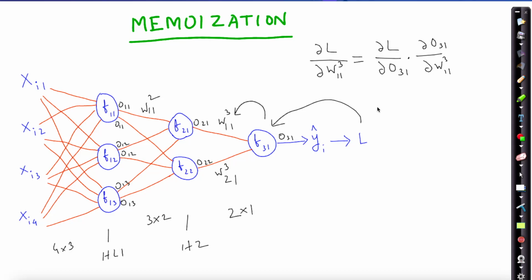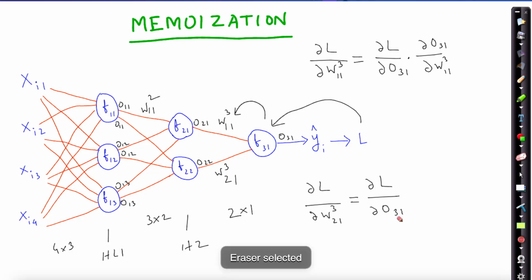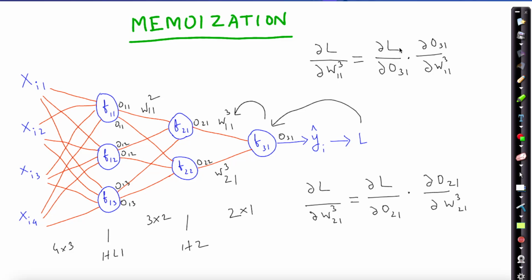Again, if I have to find it for this weight, sorry, not 31, it will be output 21, then output 21 with respect to this weight, isn't it? Just a second, here I have written it mistakenly, it's not 21, it will be 31, right? Yes, you can check it here.